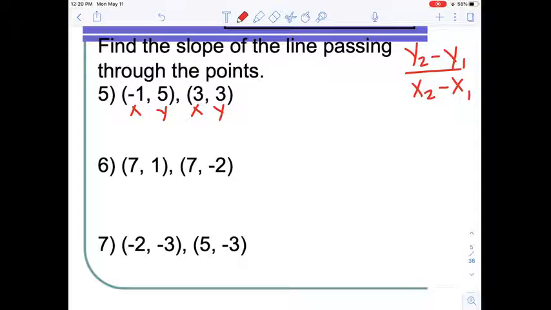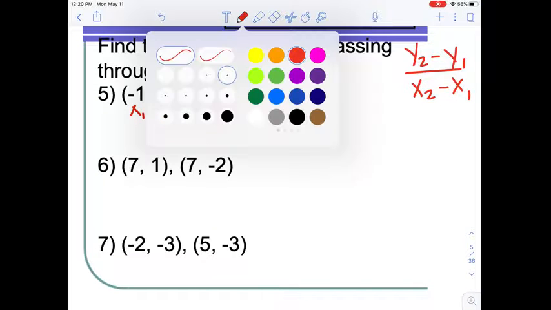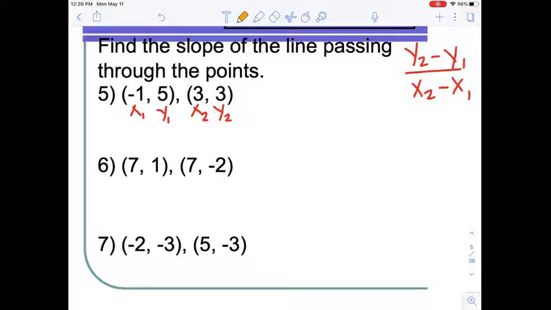And just as a review, we know that an ordered pair is written as x and y. Change that so it doesn't look like an x. And then since we have 2 separate points, that's why we do that little sub 1 and sub 2, so that it helps us keep track of them.